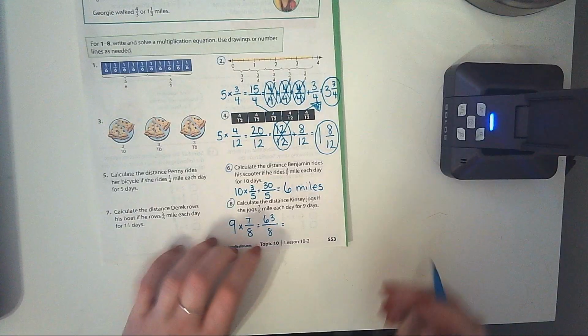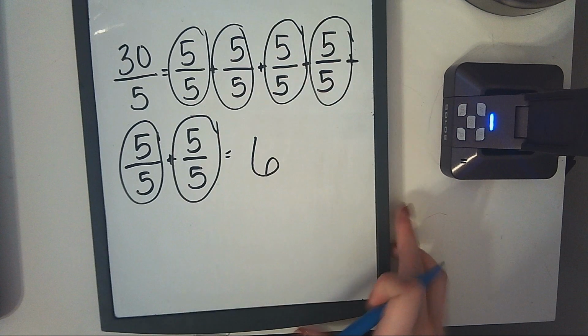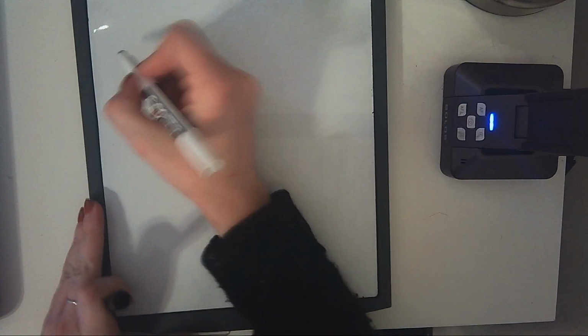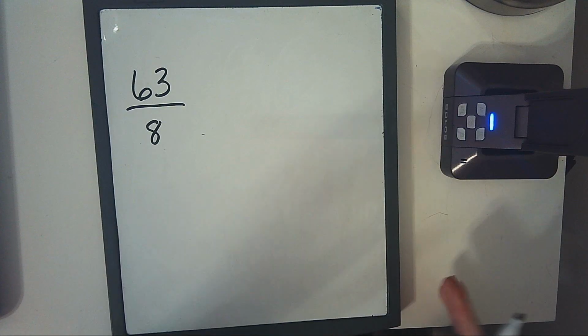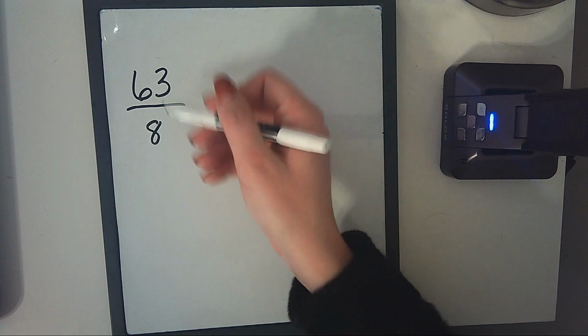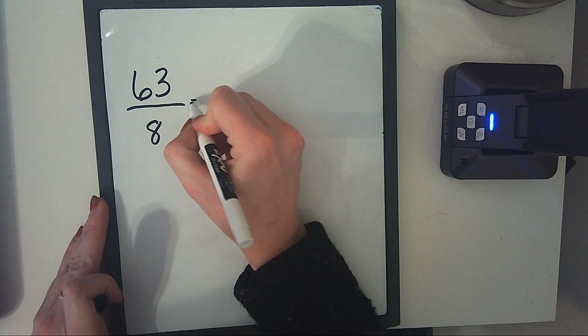We have to break that apart into a mixed number. So I'm going to show you a different strategy this time, because since our numerator is so large, 63 over 8, do you really want to keep writing 8/8 plus 8/8 plus 8/8 to get to 63? There's a slightly easier way if we use skip counting.